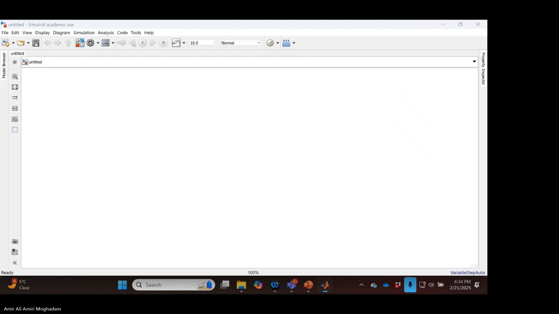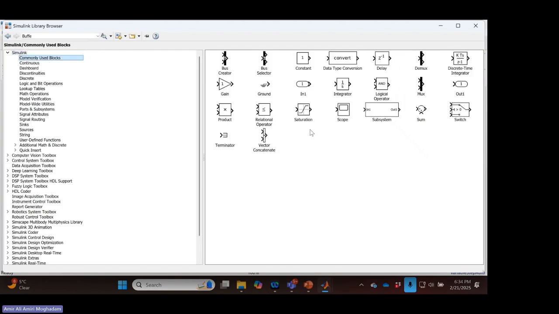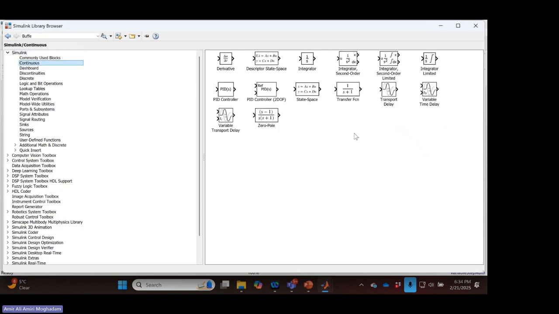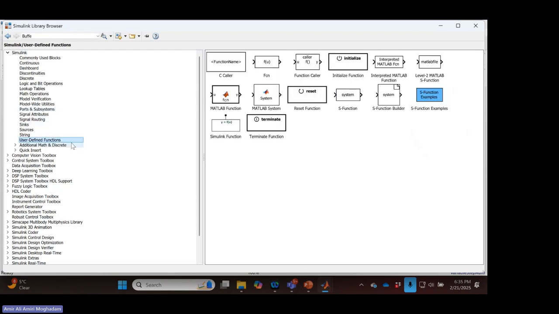I'm going to add a bunch of blocks like the scope, this summing junction, probably the integrator, and from the continuous, I would like to have the transfer function block, and also I would like to come here under user defined function.